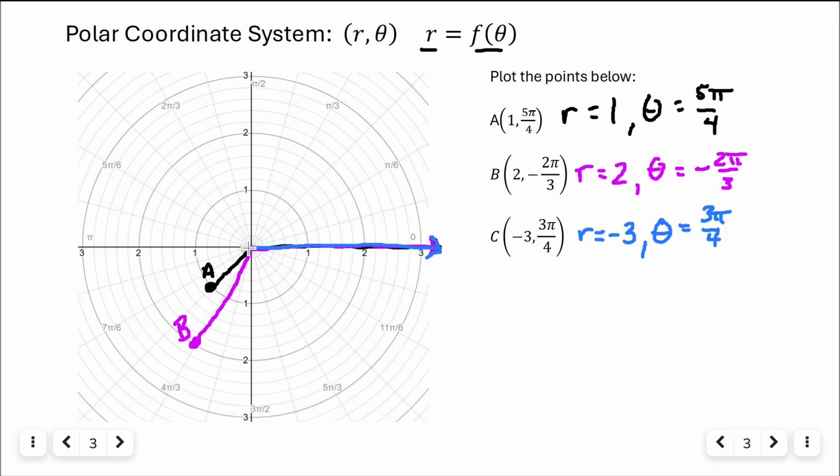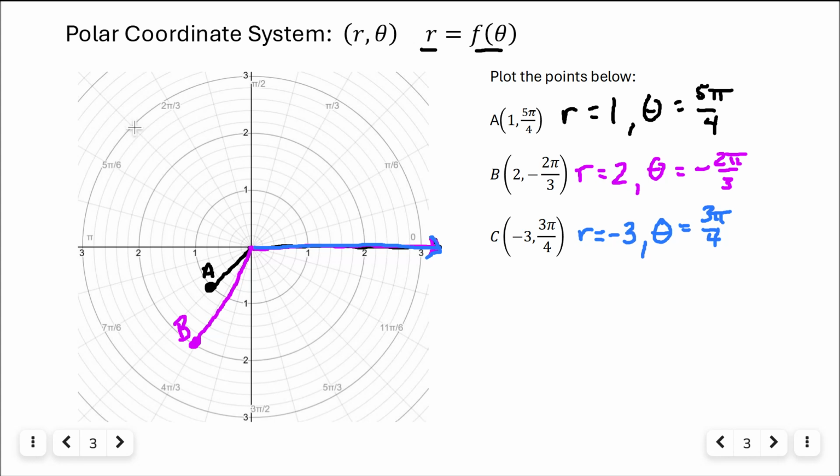So 3 pi over 4 is in the middle of quadrant 2 up here. There's 3 pi over 4, so I'm going to go out to this angle. But the radius is negative 3. So normally I'd come out to here. That would be a radius of 3. But the radius is negative 3, which means that I'm actually going to go in the other direction that the angle is telling me. So the angle is telling me to go out this way to 3.